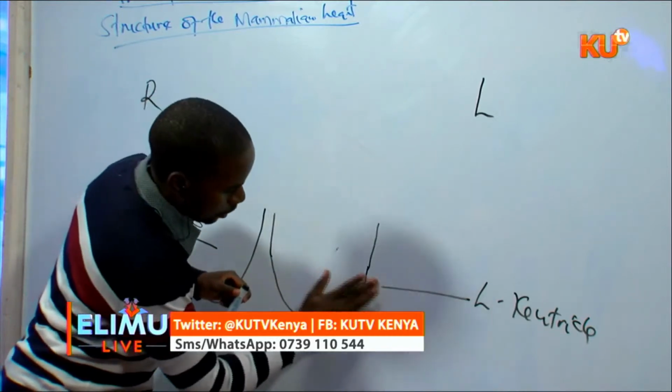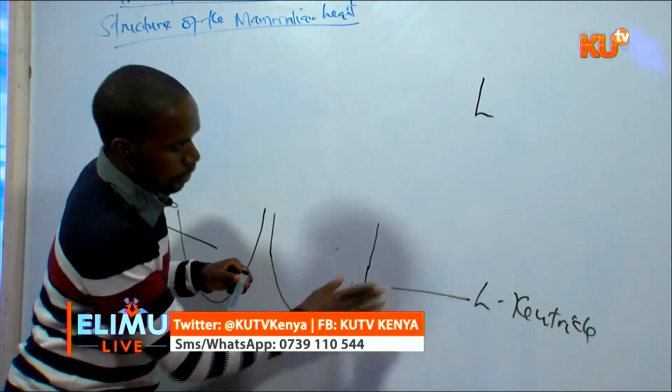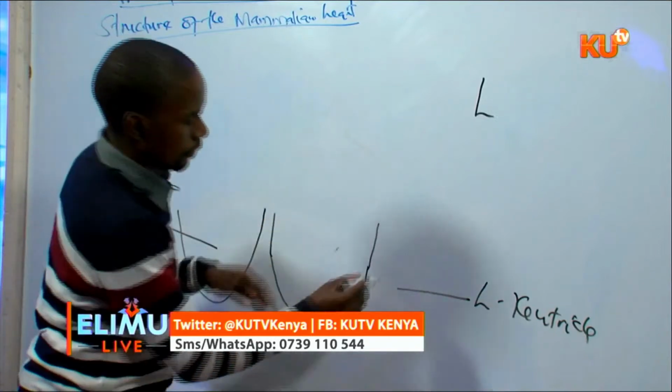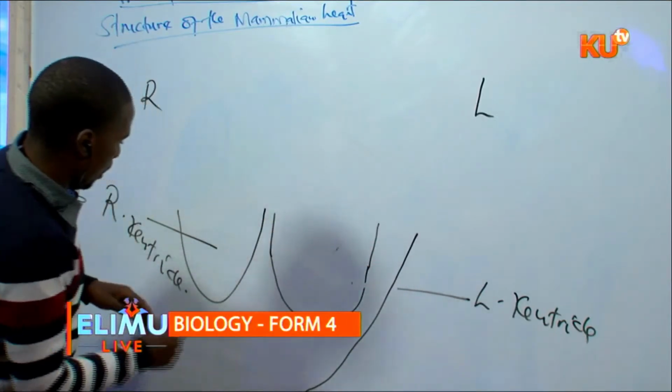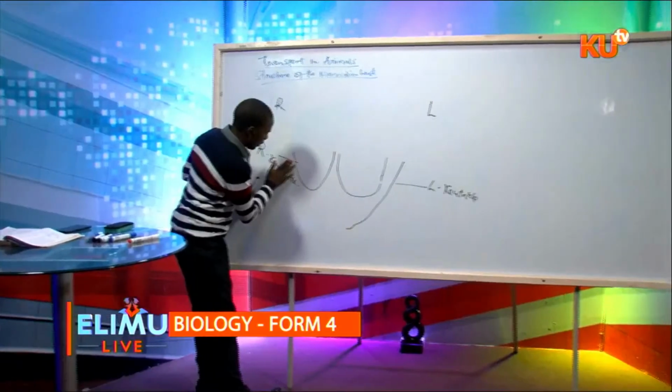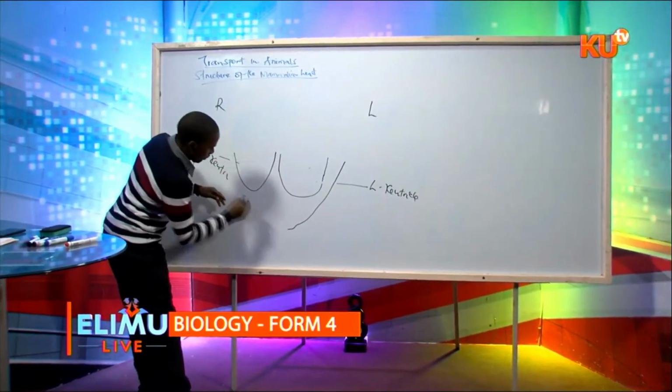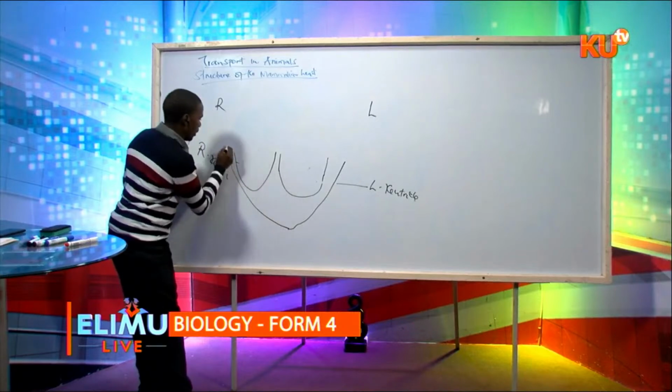Now something that you should note is that the left ventricle has thicker muscles as compared to the right ventricle.